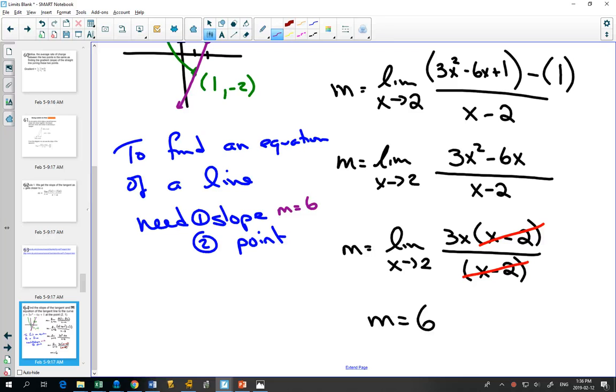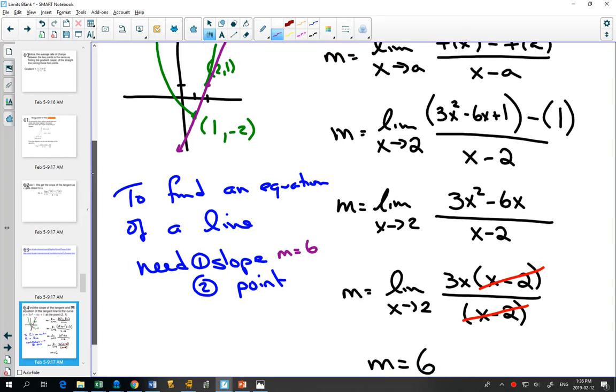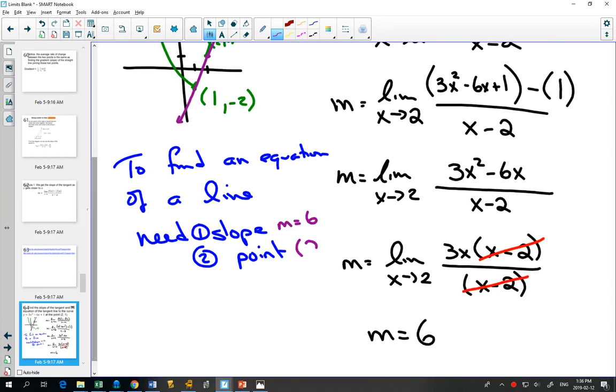And our graph told us that it went through the point 2, 1. That's where the tangent goes through. So we know that our point is 2, 1. Once you have a slope and a point, there's 2 methods for finding your equation of your line that you could use. So I will remind you of both of them.